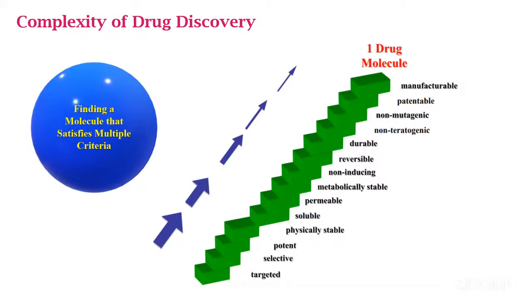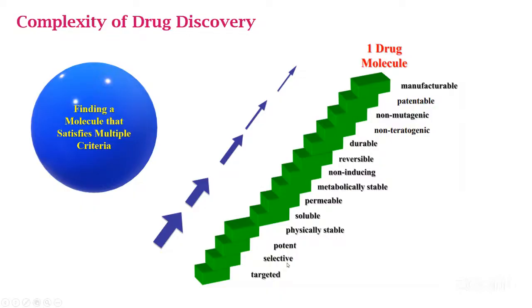There is again the complexity of drug discovery. That means if you synthesize any drug, that drug can be called a good drug whenever it has these properties: it should be targeted, it should be selective, it should be potent. Targeted means it should act against a particular type of enzyme.